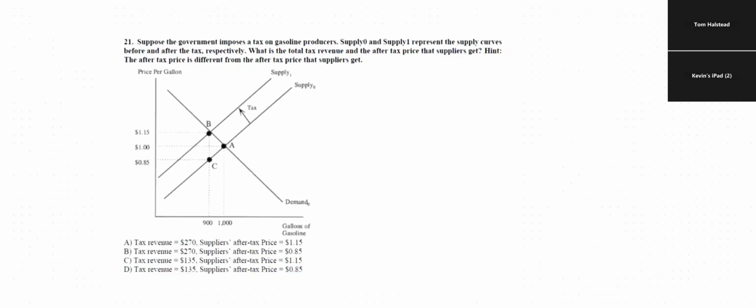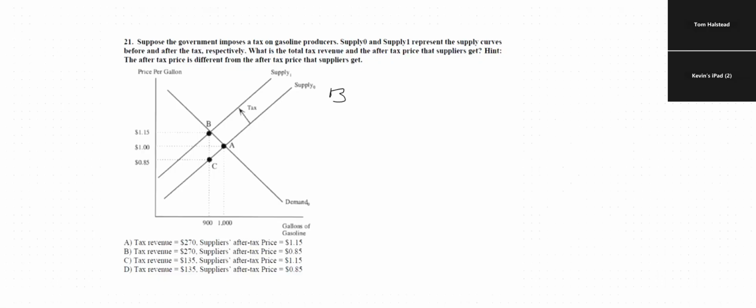Supply 1, and 0 and 1 represent the curves before and after. So we need to know the before and after and the direction, because we need to figure out, with the shift, what's happening to the overall supply or the overall demand, not just at any given movement of the price or quantity.